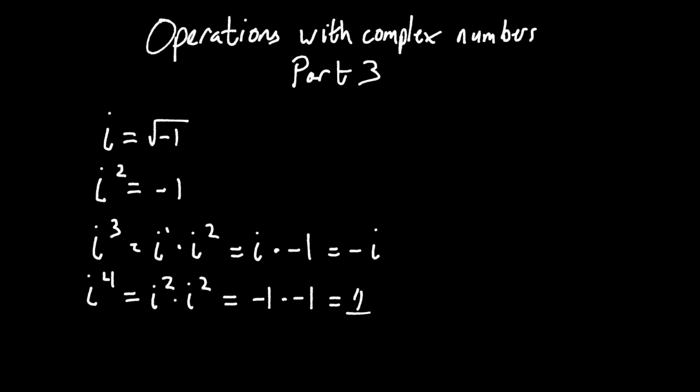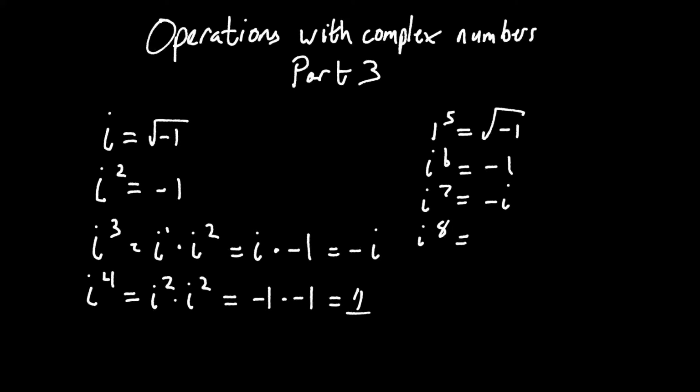And this is a pattern that will always repeat. i to the fifth will be the square root of -1, i to the sixth will be -1, i to the seventh will be -i, and i to the eighth will be positive 1. And it's going to keep going like that until the end of time.